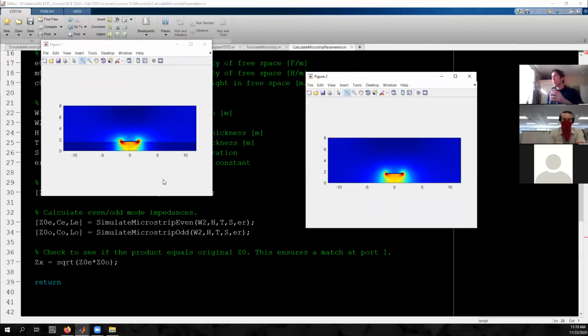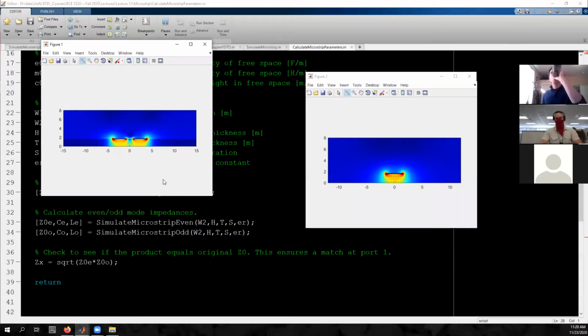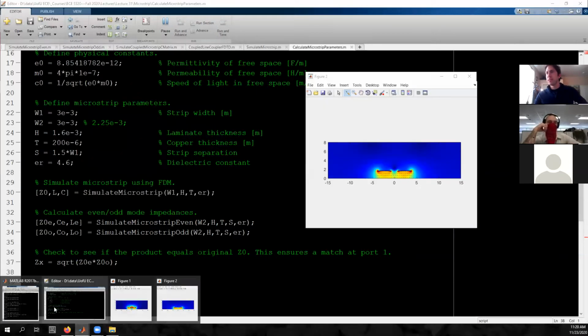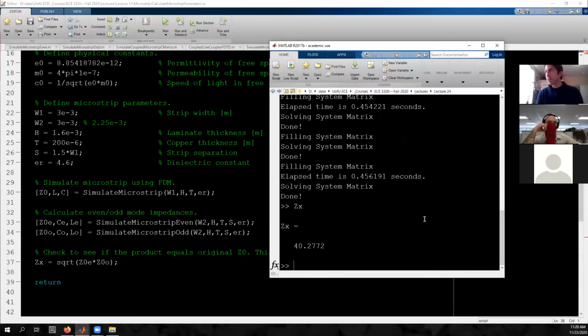So we'll go ahead and run that simulation now. You'll notice I brought them really close together. There you go. Now it's doing the odd mode, so you can see all these huge fields between them. And you notice it didn't actually change the product very much.